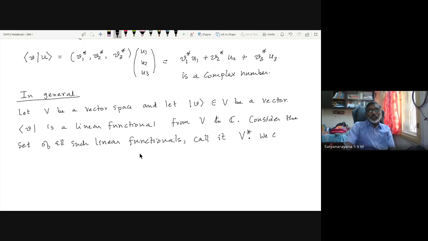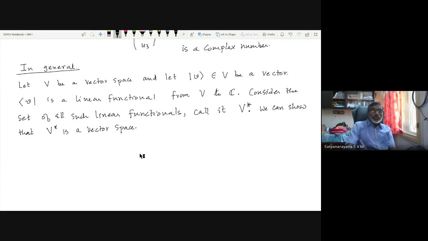We can show that V star is a vector space.